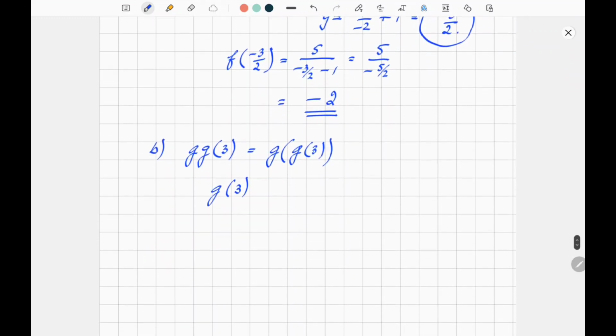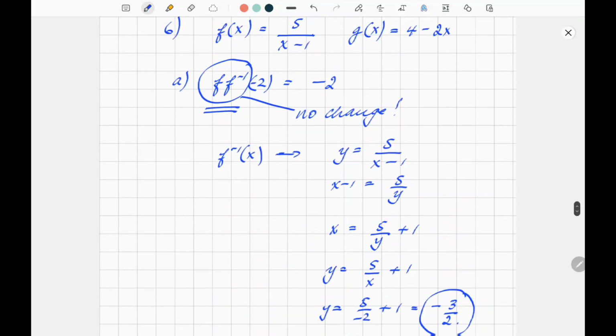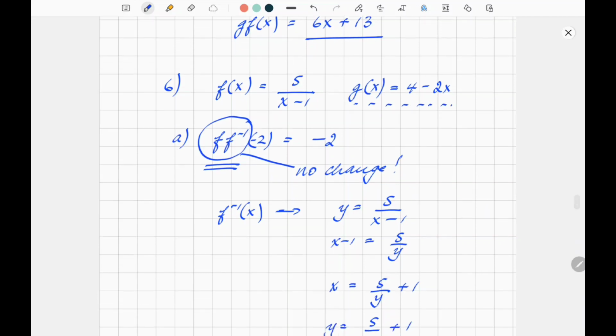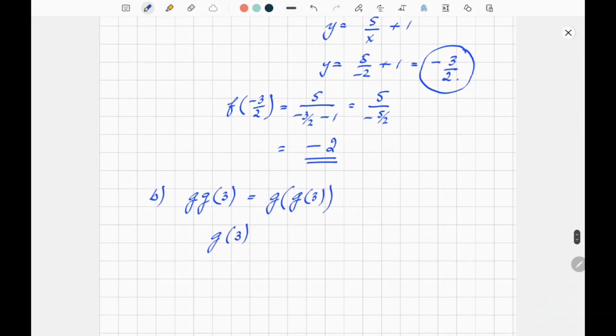Now the function g, if we remind ourselves, is 4 minus 2x. So 4 minus 2 times whatever we're putting into the function, which is 3. So 4 minus 6 is minus 2. Happy with that?